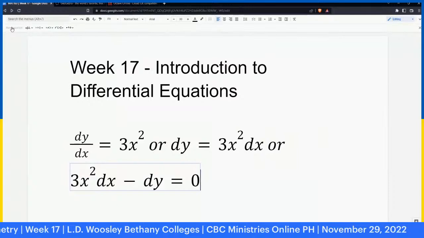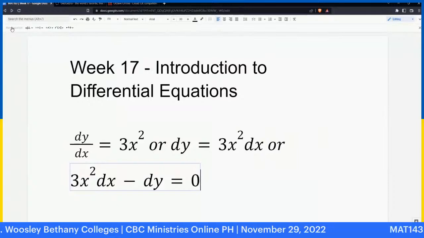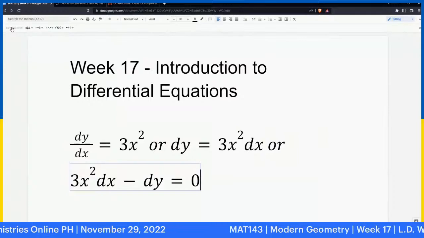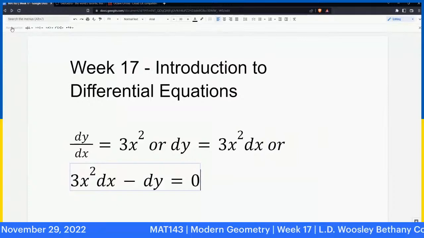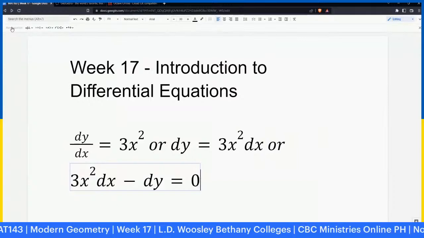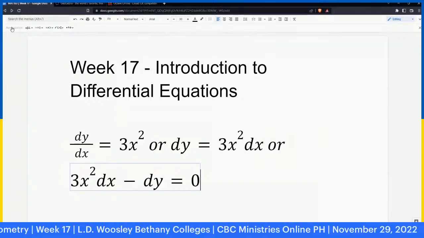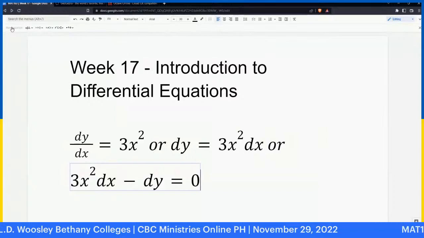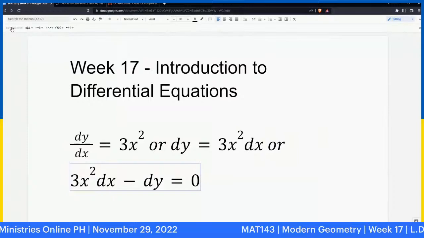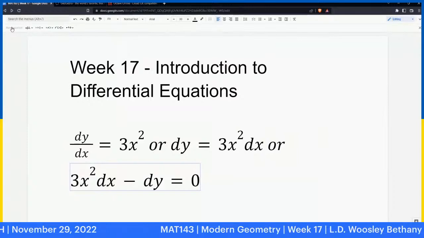And solving for variables, we will look into different methodologies on how to solve this. Differential equations have varied applications, and you will make use mostly of integration, that's why it needed to be discussed here, because we're done with multiple integration.